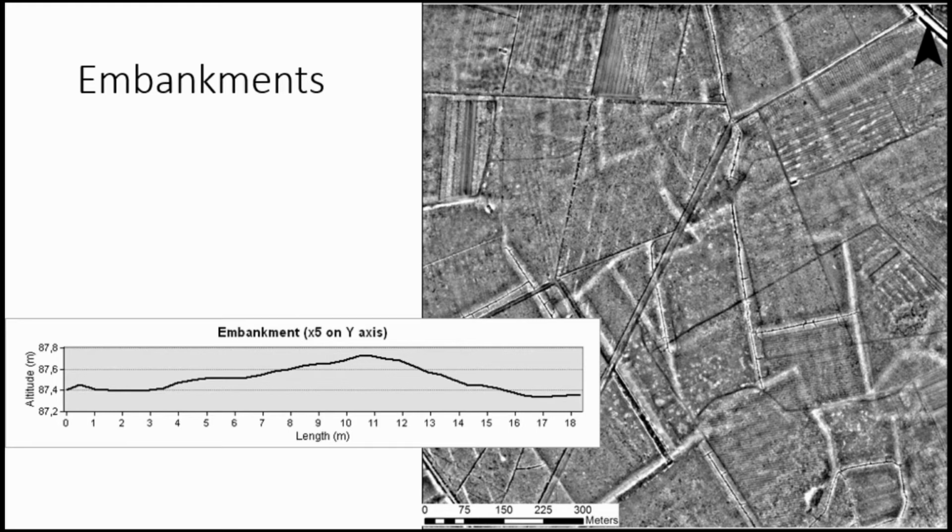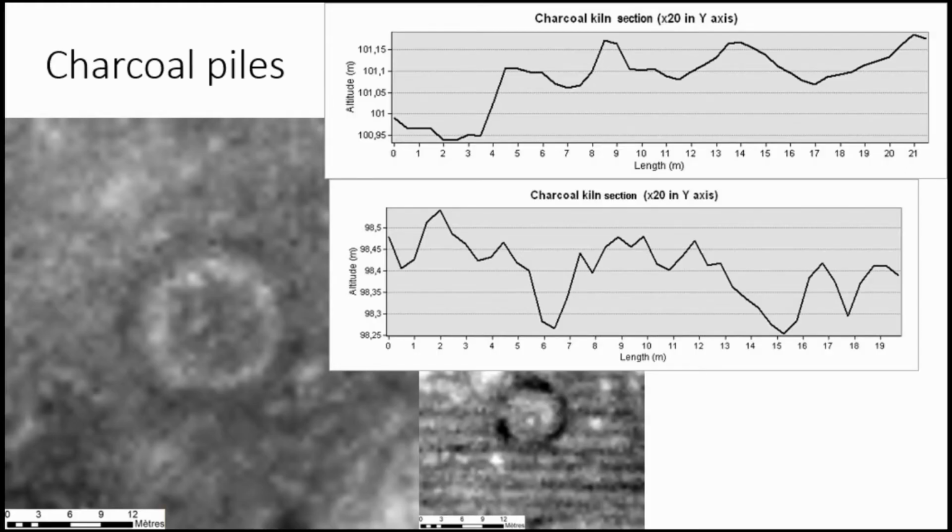All the images which will be shown during this presentation are from a local relief model visualization, which is the one we use mostly in our work. And charcoal piles, so we've already talked quite a bit about it, but they are round structures with an outer ridge, as you can see here, which is usually a ditch, but can also have a small embankment as well.